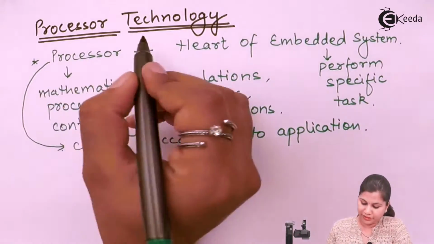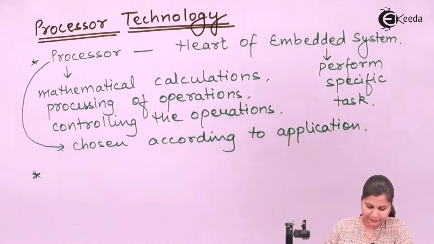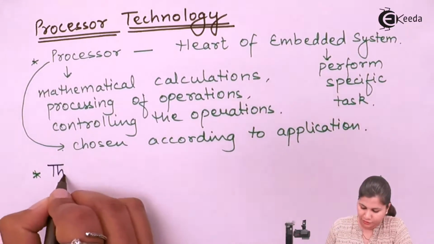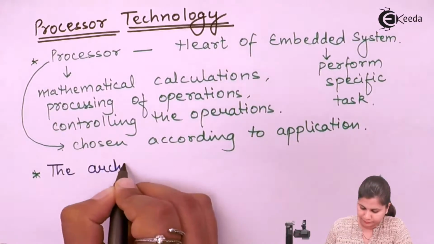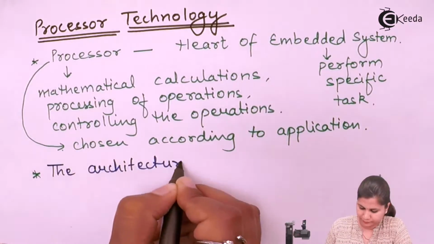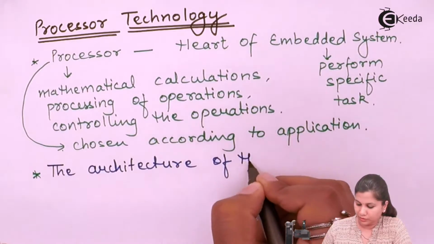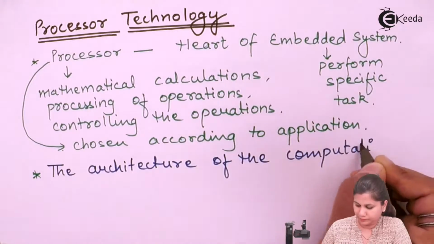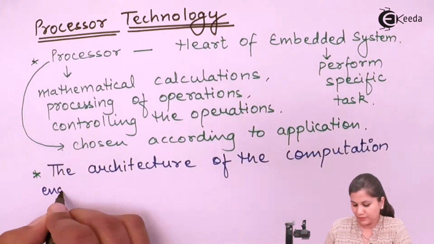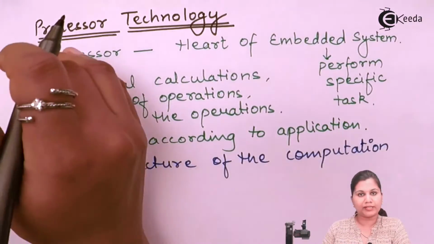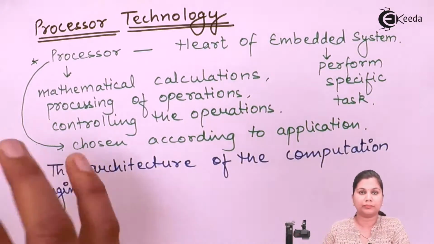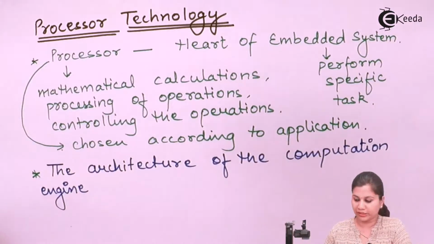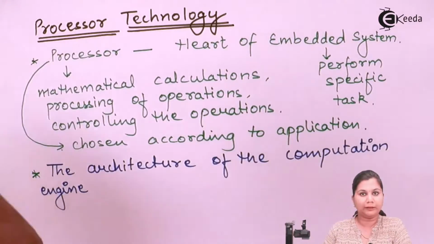So if we define processor technology, then under the processor technology comes the architecture of the computation engine. The computation engine is the processor, because the processor does all the calculations, all the complex computations and mathematical calculations. So the computation engine will be the processor.